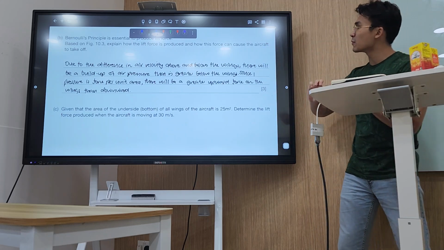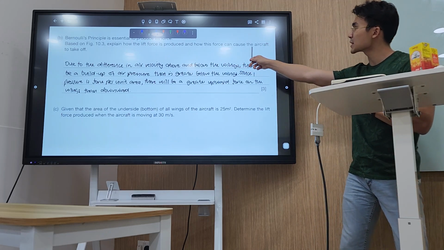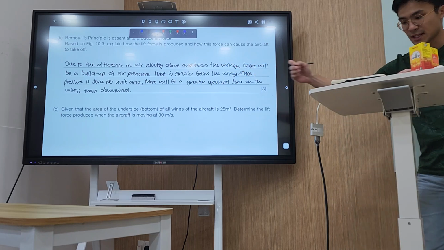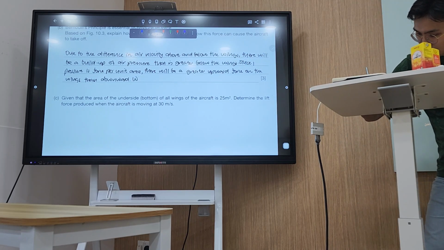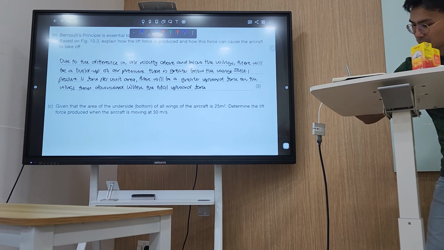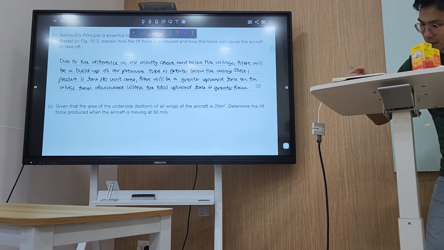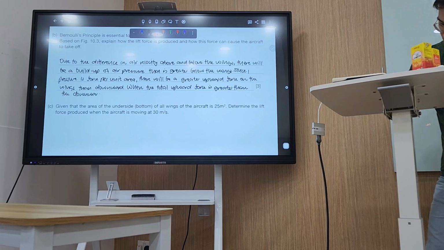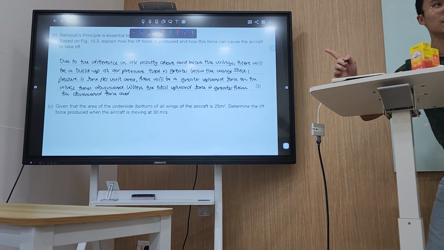Your last mark will come from saying how this force can cause an aircraft to take off. So we will say that when the total upward force exceeds, when the total upward force is greater than the downward force, and what's another downward force I must overcome?